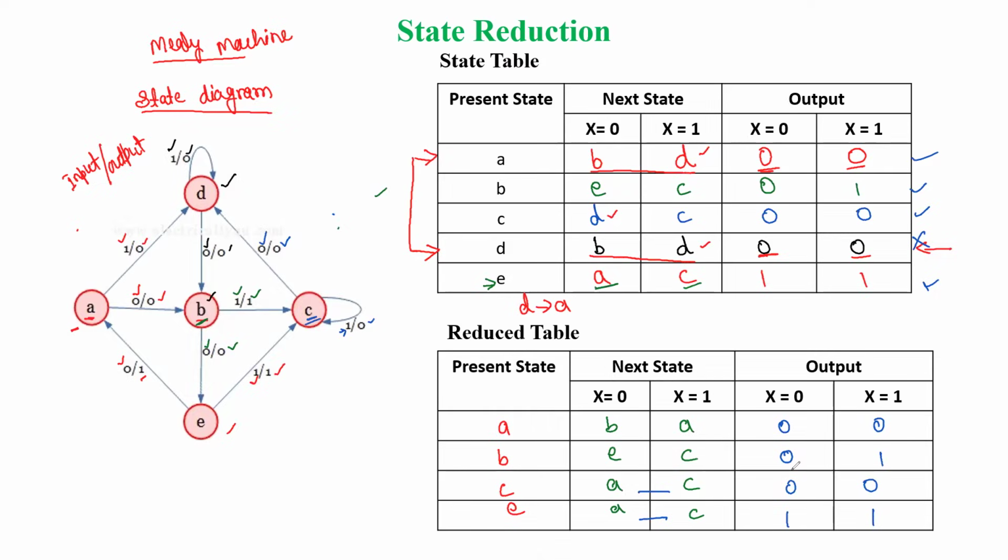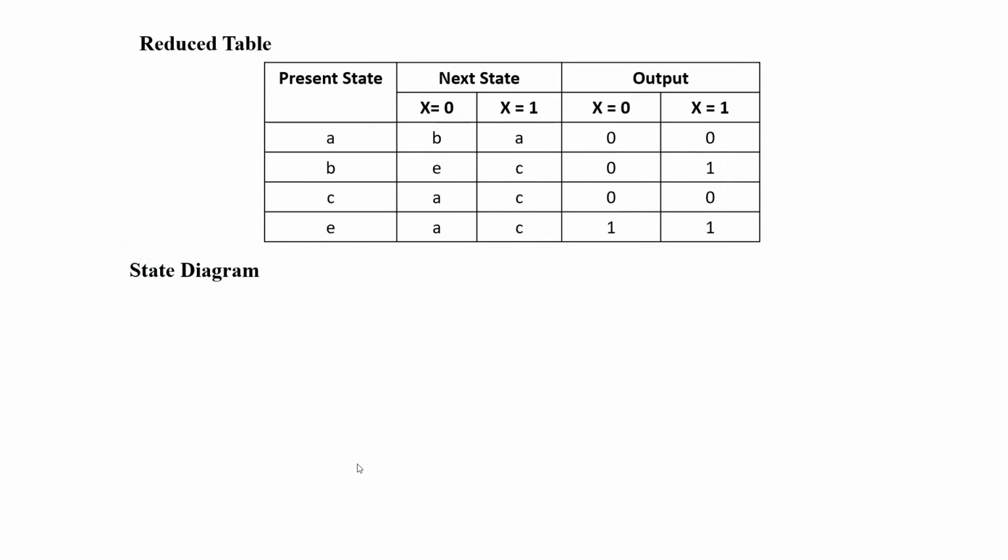On the basis of that, now again we are going to see the next values. Here I have already written this so that it will take less time. Finally, how many states are we left with? 4. In the initial diagram there were 5, now we are left with 4. So where was the original position?